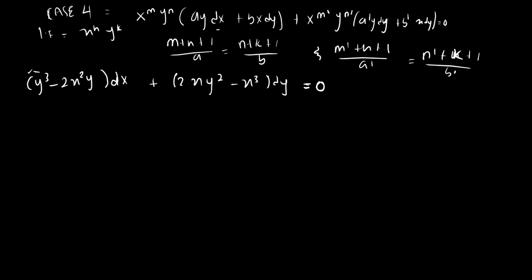So that means there's going to be a dx and a dy in the same bracket. And to do that, we have to first expand this bracket, right? So we're going to have y cubed dx minus 2x square y dx, then plus 2xy square dy minus x cube dy is equal to 0.